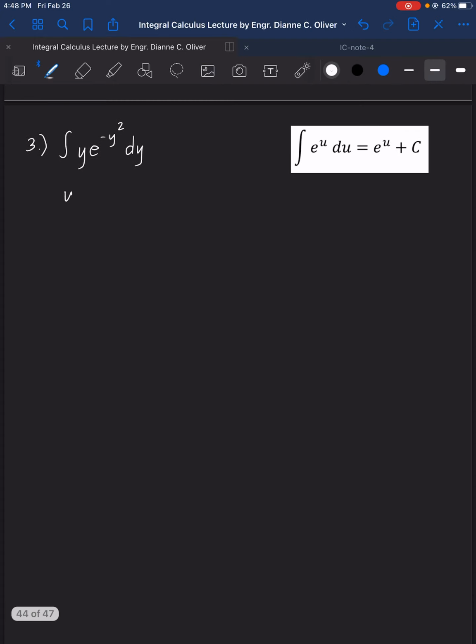If we let here u as negative y squared, therefore du becomes negative 2y dy. So using this pattern again, we can have it as integral of e raised to negative y squared, then the du is negative 2y dy.